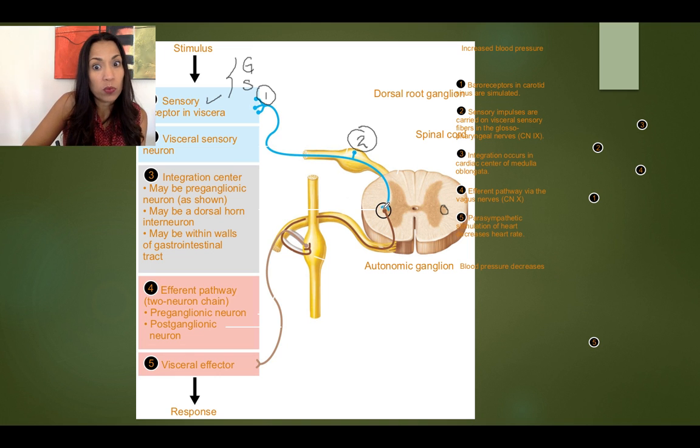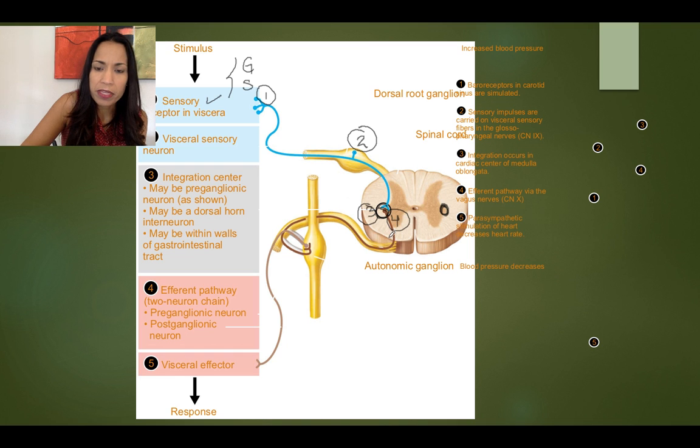Remember, this is one thing that changes in here. The integration center is going to be the same, your spinal cord, but at different levels, depending on whether it is sympathetic or parasympathetic nervous system. And the motor neuron in the somatic nervous system was located in the anterior gray horn of the spinal cord. In the autonomic nervous system, and you know that already, your motor neuron is located in the lateral gray horn of the spinal cord.